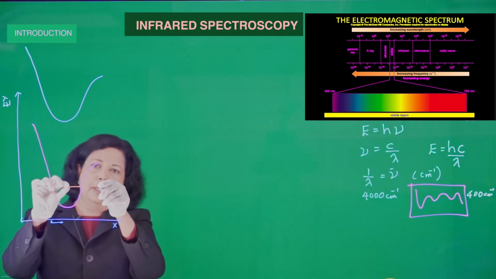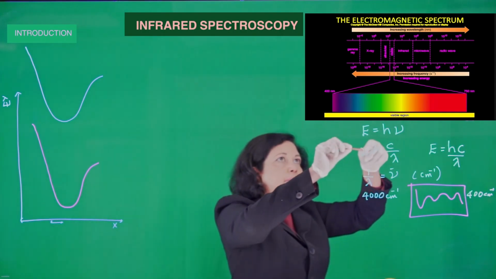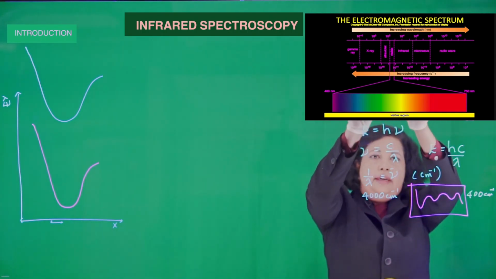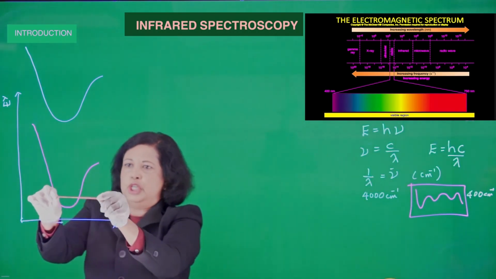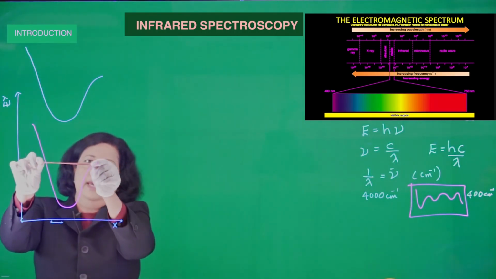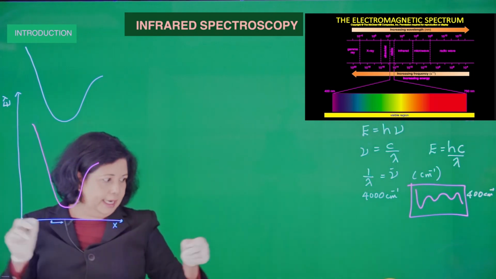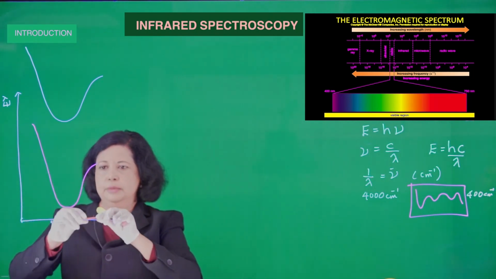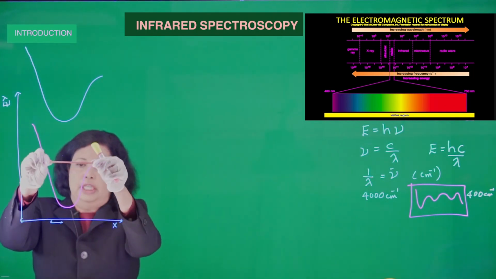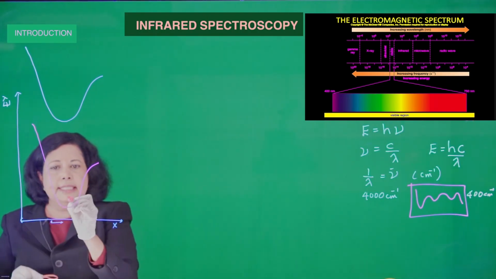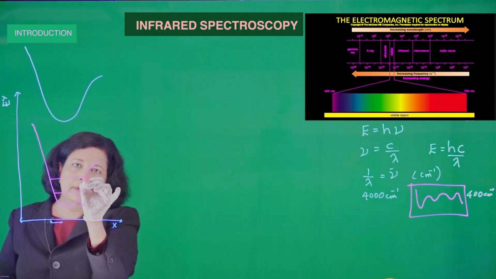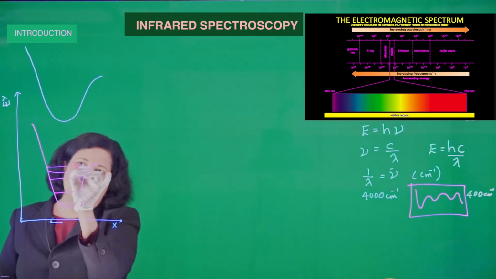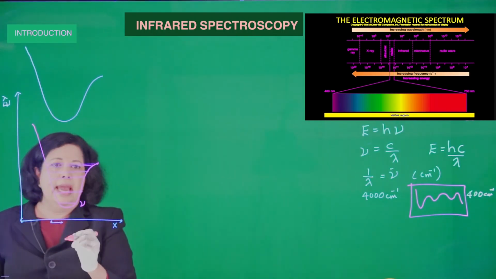But it can stretch, and that's what happens when you shine some infrared on it. It starts stretching, and when it starts stretching, its energy starts going up. After some time, we can't take it anymore, but up until this point, it's going to be stretching. So let's say this is your fundamental vibration, and then you get closer and closer, and that's like your max.